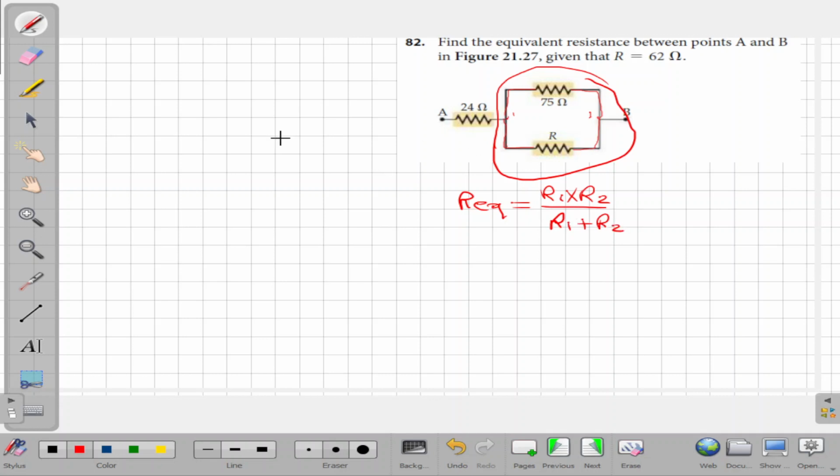Let's apply it. Let's say this is R prime, the equivalent resistance of these resistors.